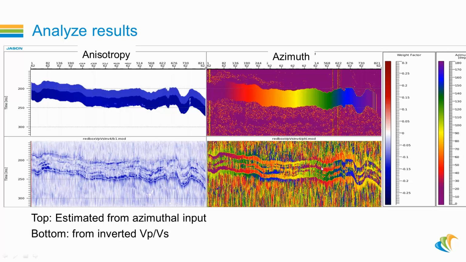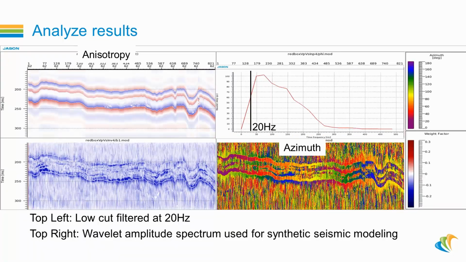We can show this because this is a synthetic experiment, and what I used here is a shallow type of survey wavelet, and it has a pretty high cutoff frequency. On the upper right hand panel I'm showing the wavelet amplitude spectrum, and you see there's a cutoff frequency of about 20 Hertz.